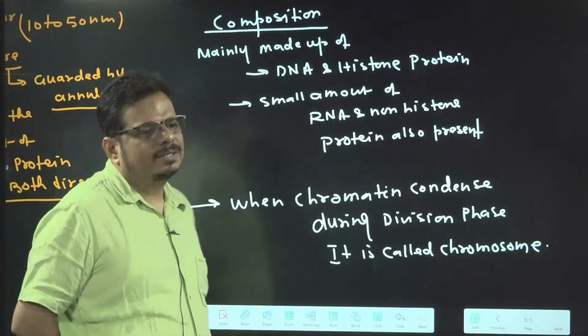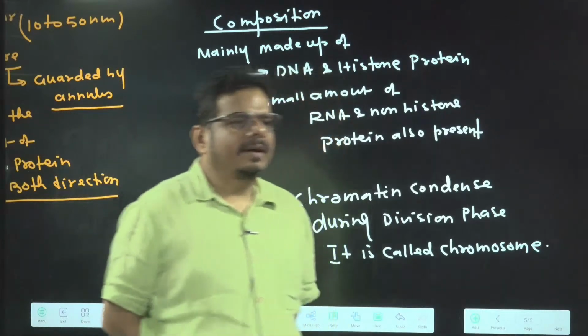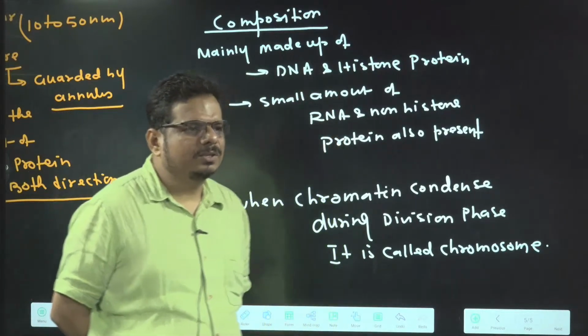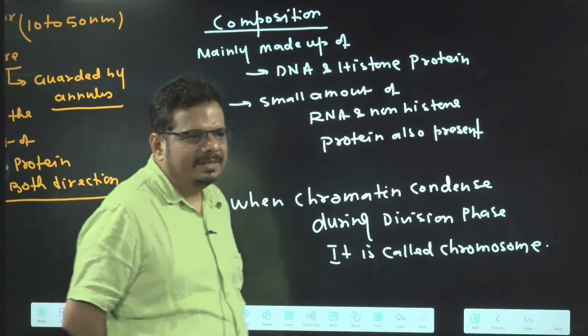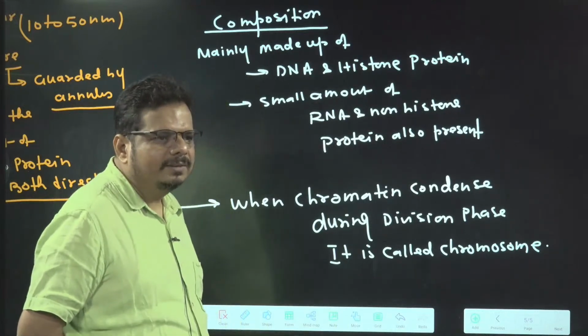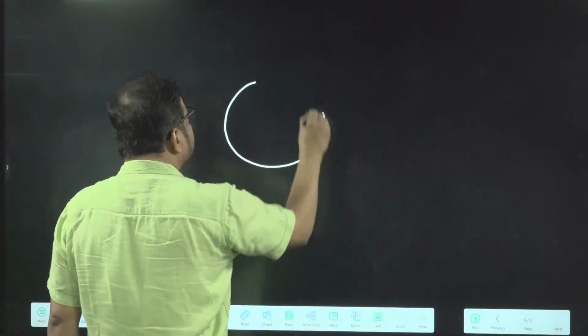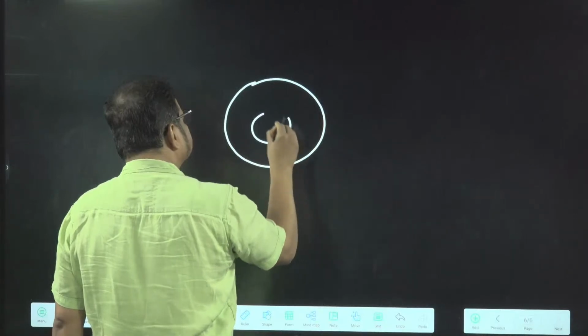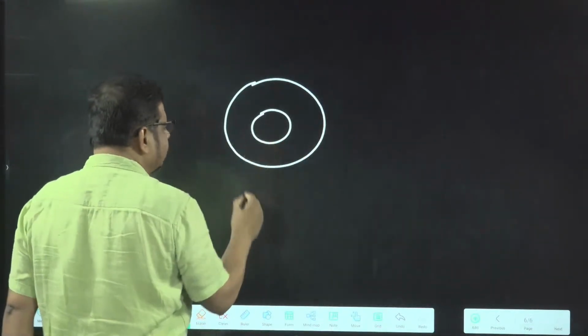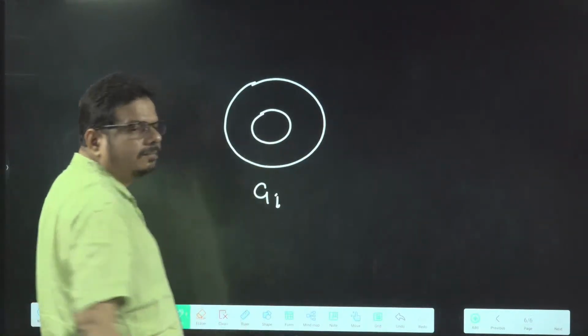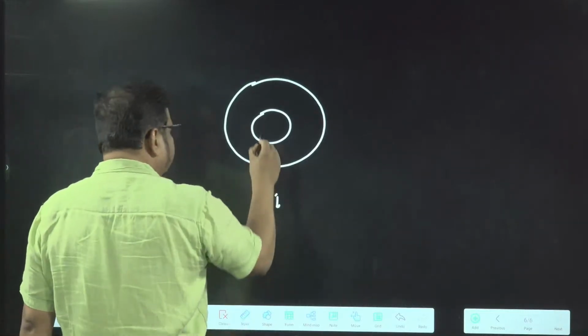Now I am asking a small, common sense based question. Try to answer it. Suppose it is a human somatic cell in G1 stage, and here chromatin is there.